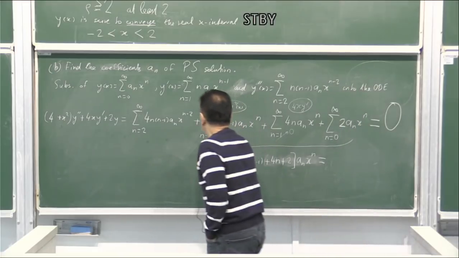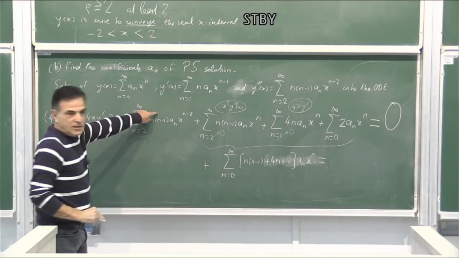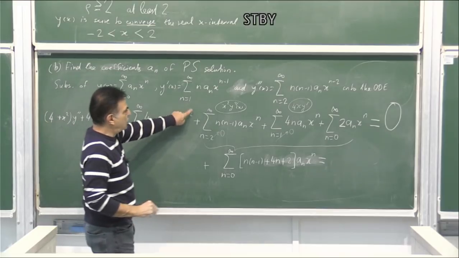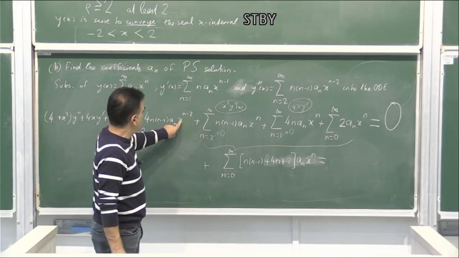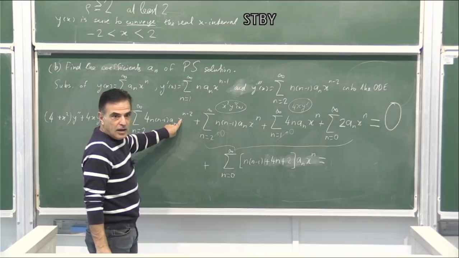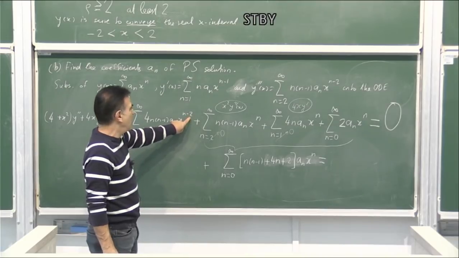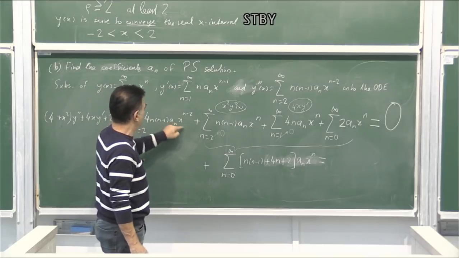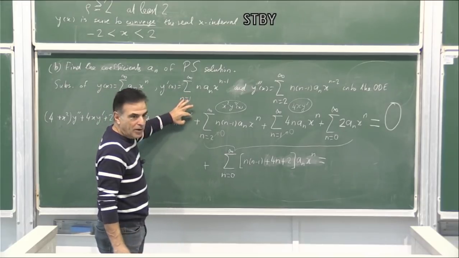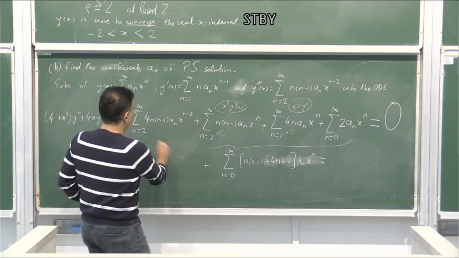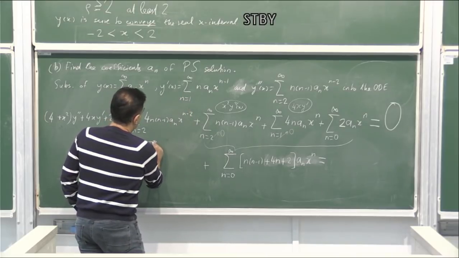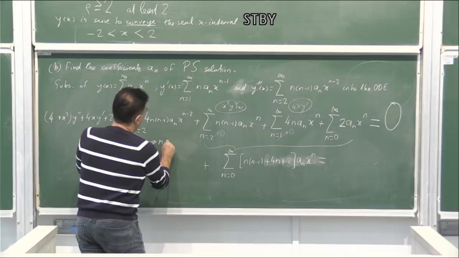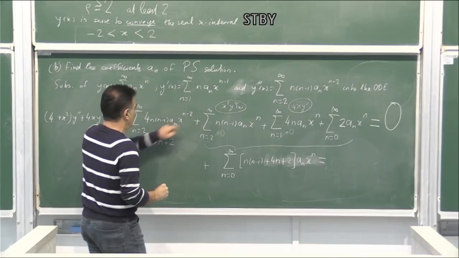And to write this again, we need a shifting to make the series contain x to power n instead of x to power n minus 2. In place of n, we are going to put n plus 2.